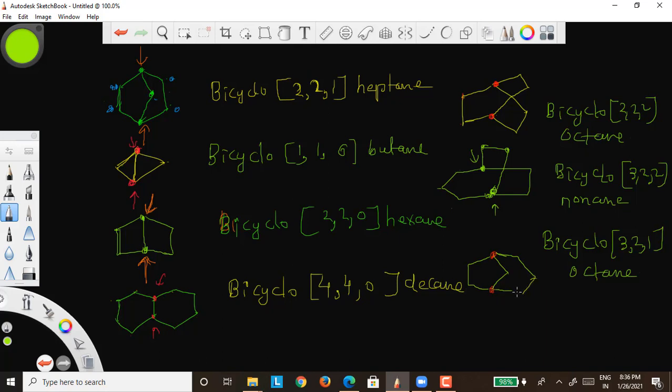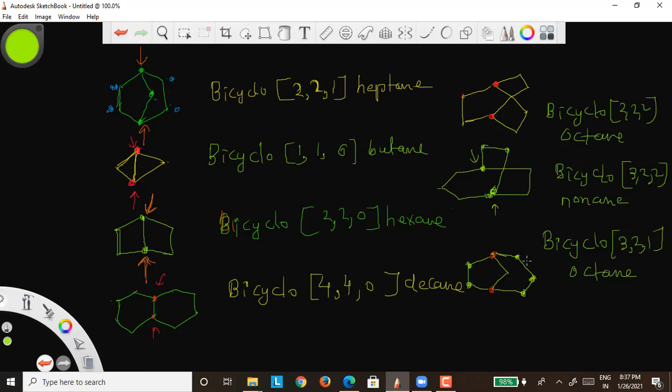Then you connect. Now these are two bridgeheads. So this side 1 2, this side 1 2, this side 1 2 3, and in the middle 1. So 3 2 1. So bicyclo 3 2 1.